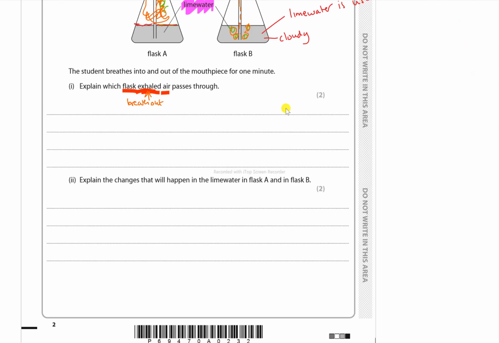Right, so we can say flask B, as the long tube is connected to, or dips into, the lime water.